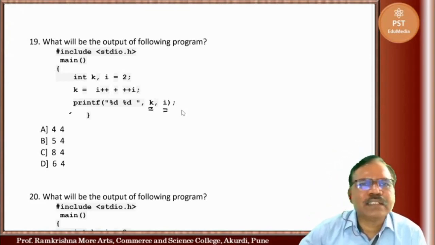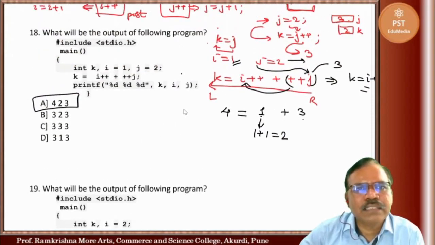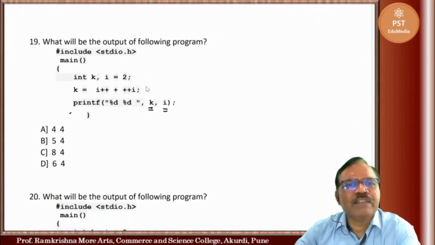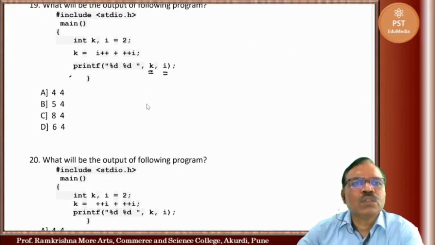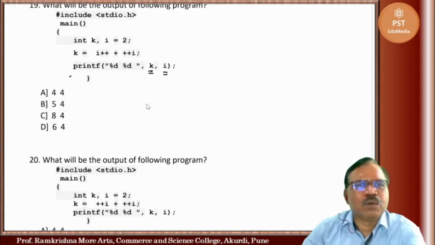So I have made a slight change here. Here it was i plus j, two different variables. Now here the variable is the same. What happens if we run this program?